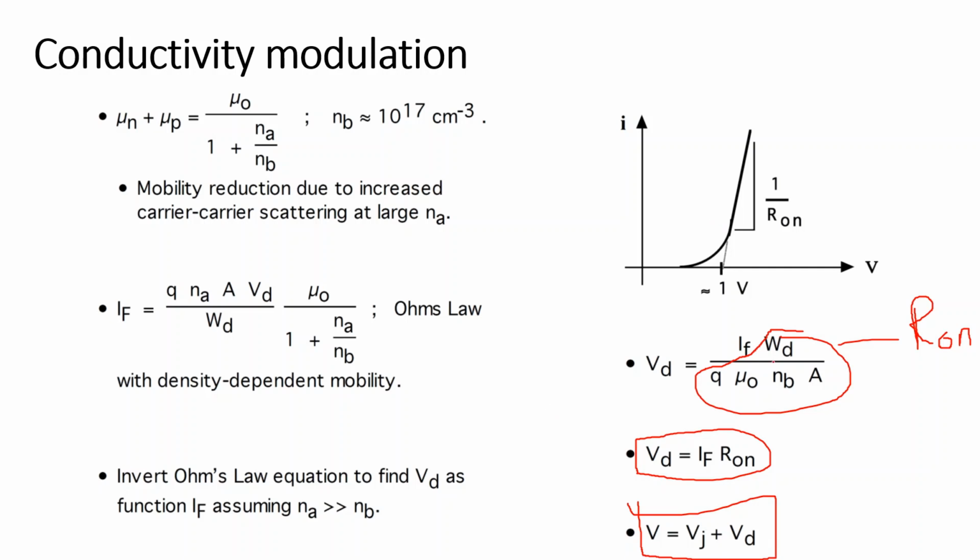Now this is the reason that this region in the forward direction is not exponential in a power diode, rather it is a linear curve. So here you can see Vd and If have a linear relationship. Okay, so the slope of this curve is 1 divided by R on. In ordinary diodes studied earlier, current depends upon the voltage exponentially.